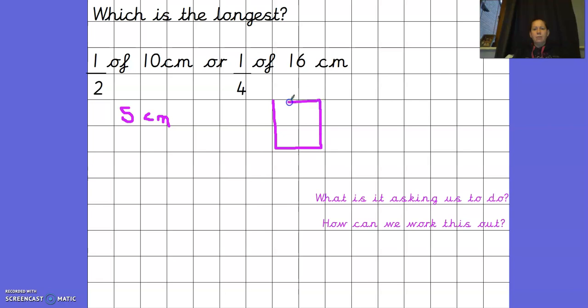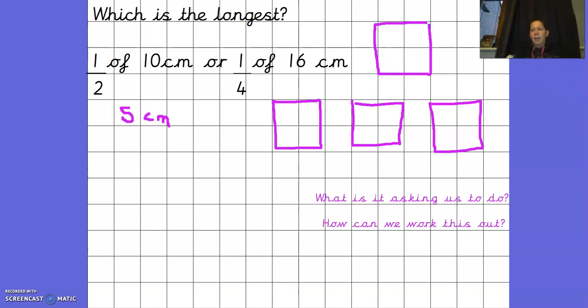So I'm going to draw my 4 squares, because that's my quarters. There we go.